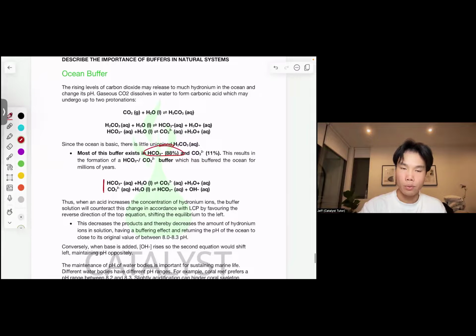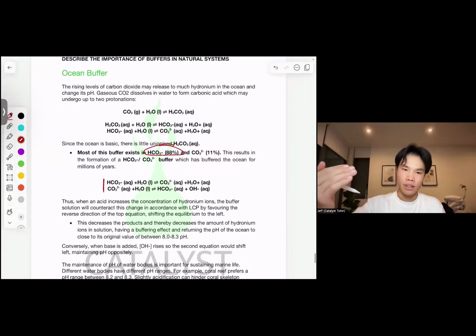So you should be able to reason how an addition of acid or addition of base should affect this. So if you added in, for example, base, you could reason that it would decrease my H3O plus, which causes equilibrium to shift right, increasing the H3O plus back up to minimize the change. And that would mean that my pH doesn't change by a significant amount. You could also do the same for the second equation.